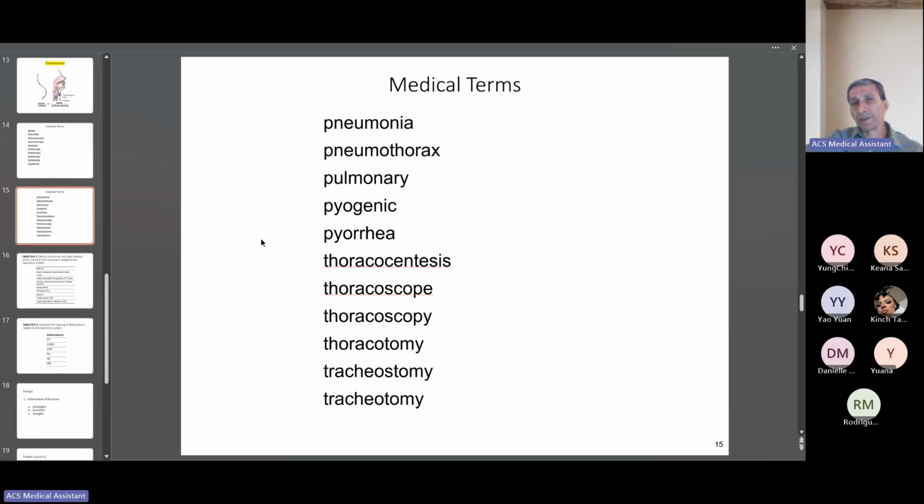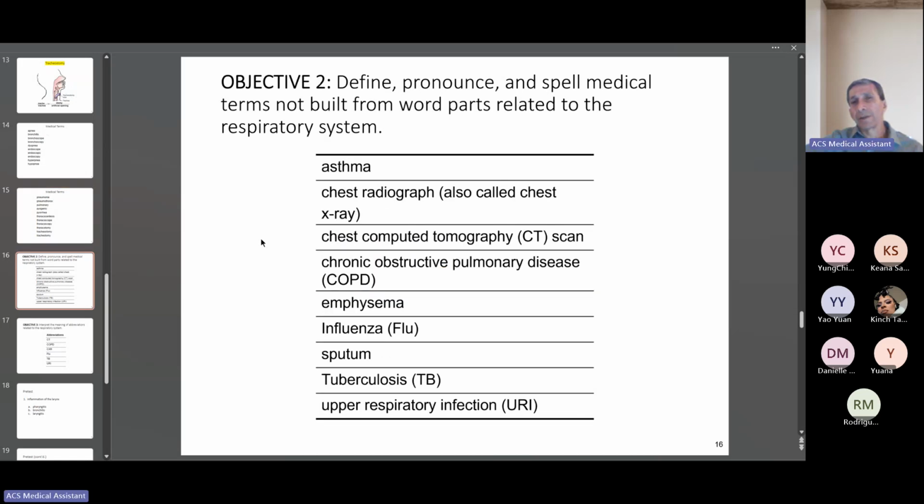That's how it works. Okay, so let's talk about these medical terms that are not built or made using the word parts. In other words, if you have the term asthma, asthma is a medical term, but we cannot divide it.